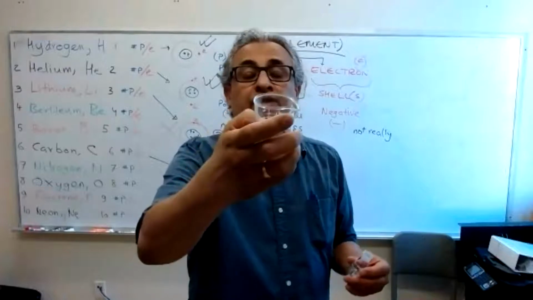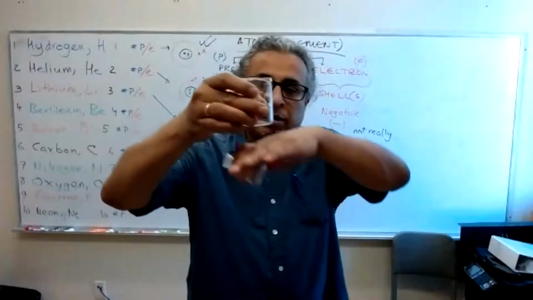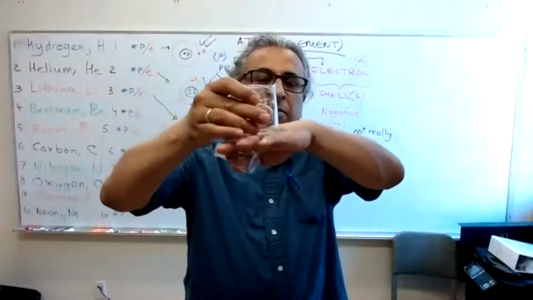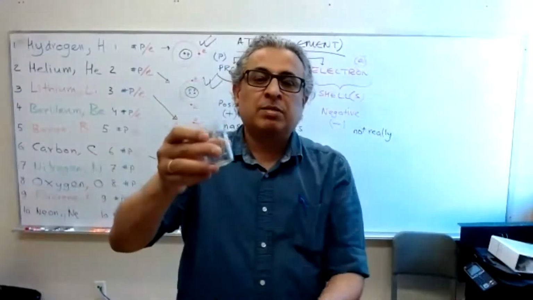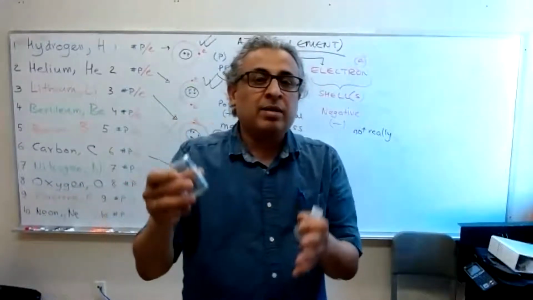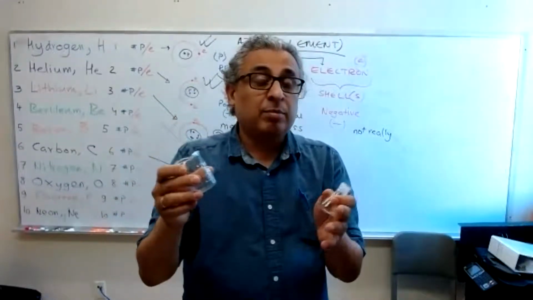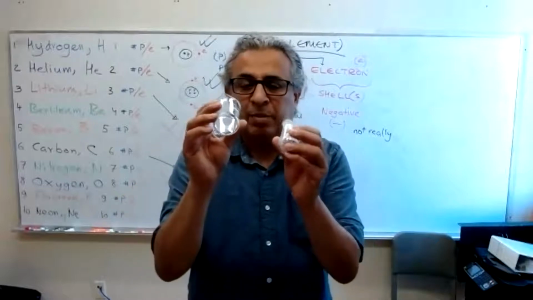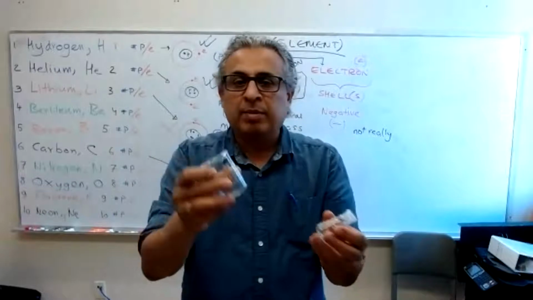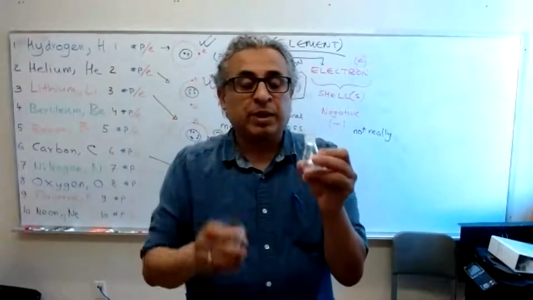Or if you want to heat up something in here, you can put it on a little wire mesh, a gauze on a stand, with a Bunsen burner or a heating source. I didn't bring the stirrer and the heater blocks because they're pretty dirty. They have chemicals. These are pretty clean. I didn't want to bring them in my office. My office is supposed to be a clean area.